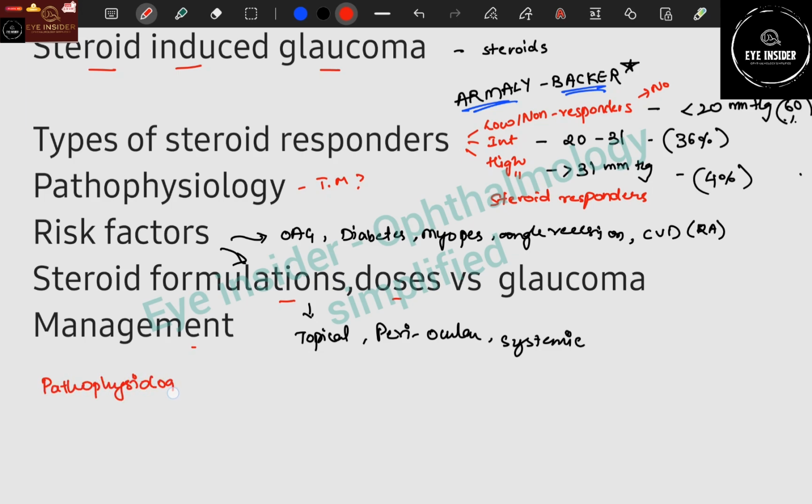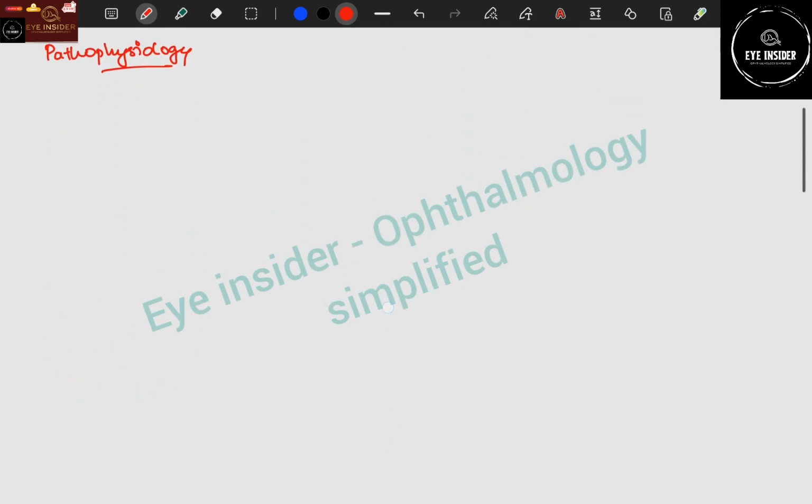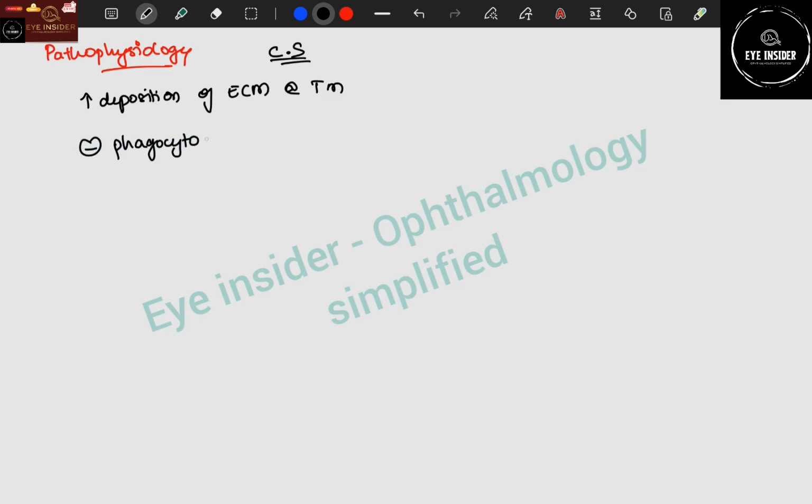Now this was just an introduction. Coming to the actual pathophysiology of how steroid-induced glaucoma occurs. What do these steroids do inside the body? Corticosteroids increase the deposition of extracellular matrix at the trabecular meshwork.